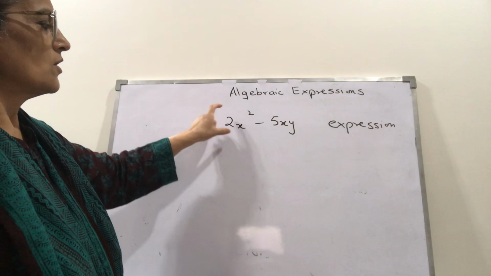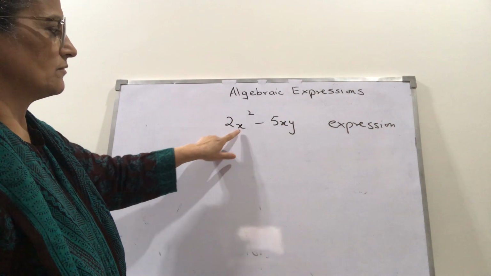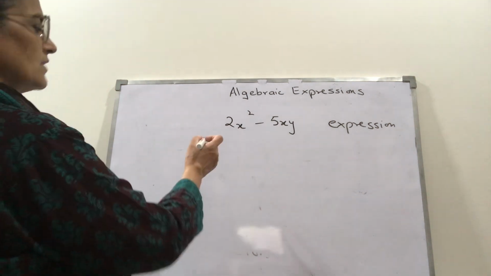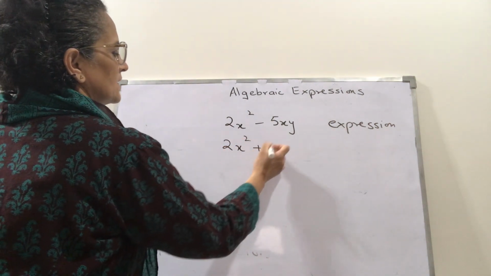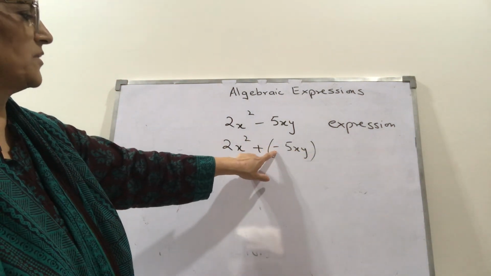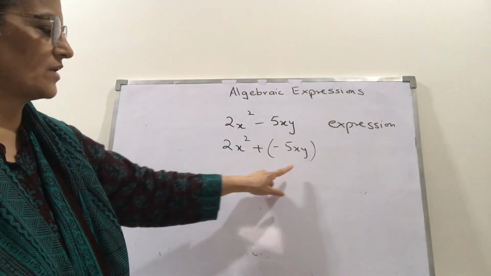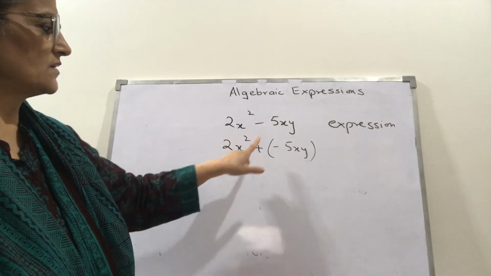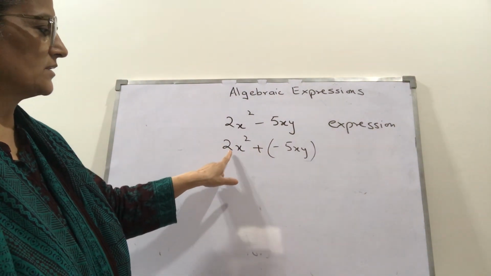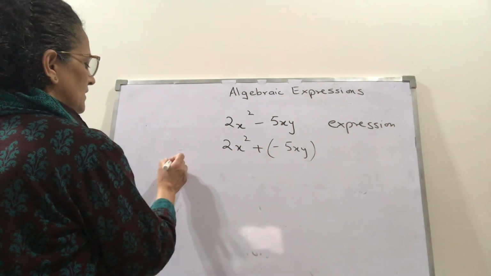A term is a combination of these variables and the numbers, and when these terms are added, if I write this as minus 5xy, we have done integers, plus multiplied with minus gives me minus. So I can write here. Now you can see in the definition we have written an expression is formed when we add the terms. So when we are adding the terms, we are getting the expression. So from this we get terms.